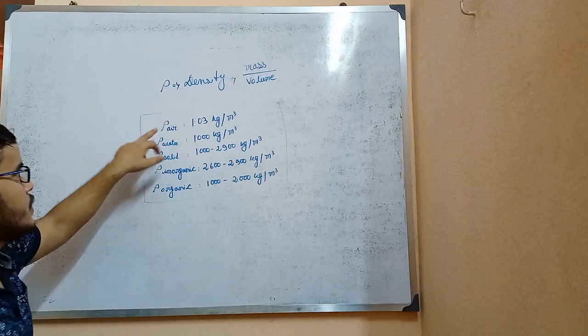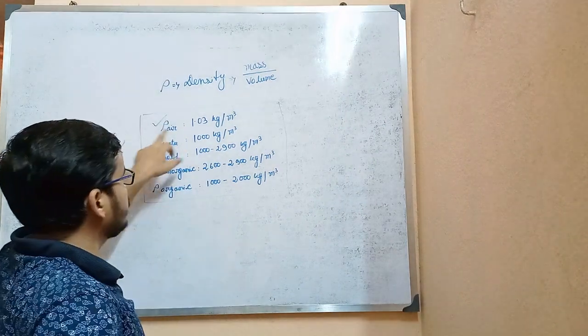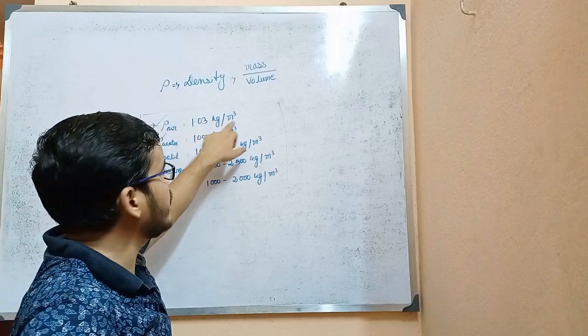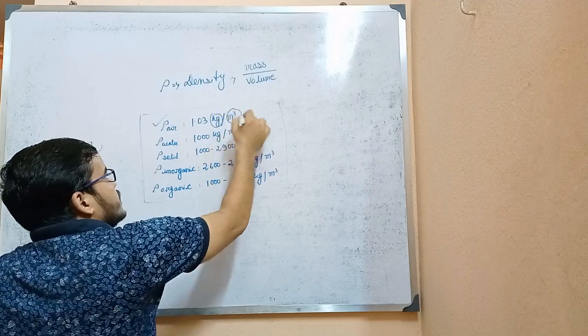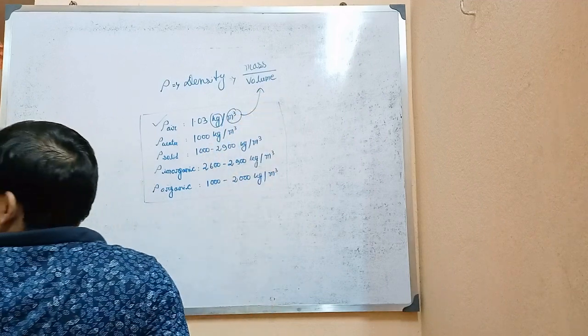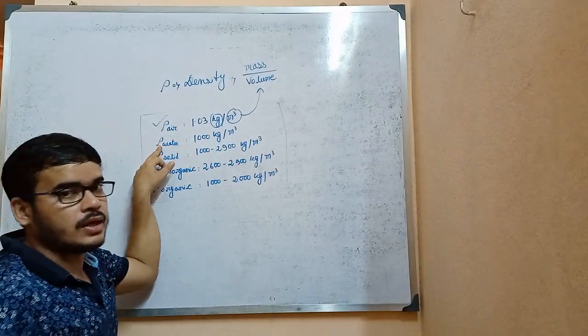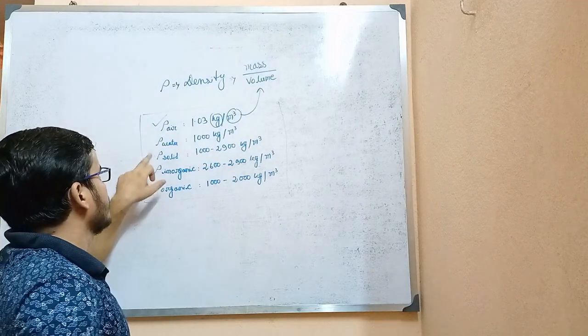So what is the density of air? That is 1.03 kg per meter cube. Kg means mass, meter cube means volume. And what is the density of water? 1000 kg per meter cube.